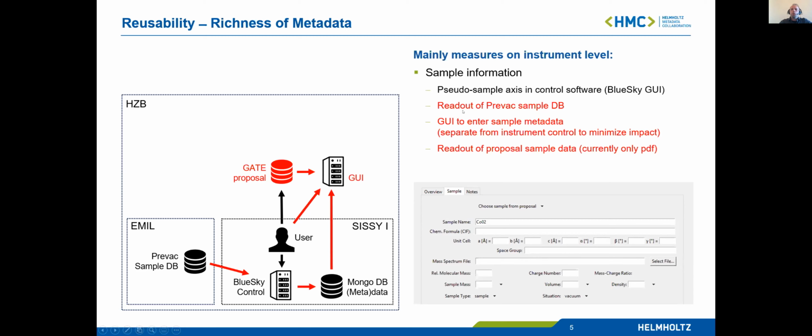We implemented a readout routine to get the entire history of a sample from the EMIL sample database. And we also provide a graphical user interface where the user can manually enter sample metadata or additional sample metadata. It is shown here in the bottom right.